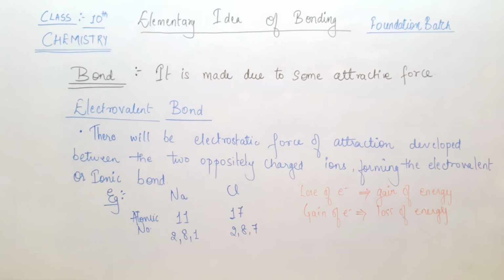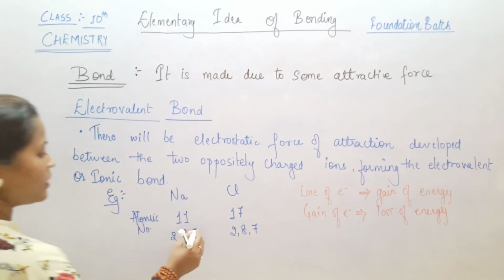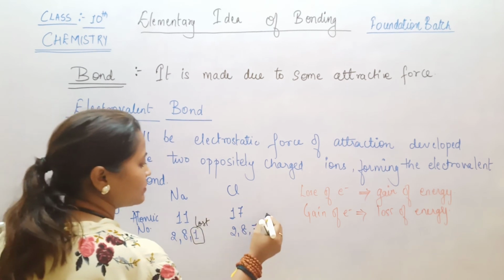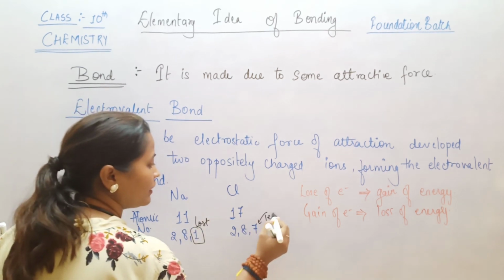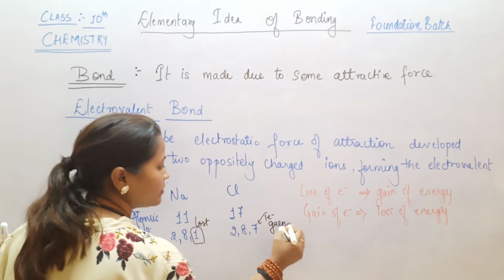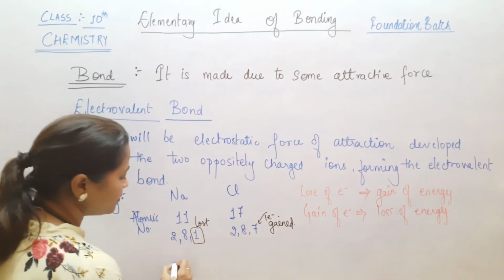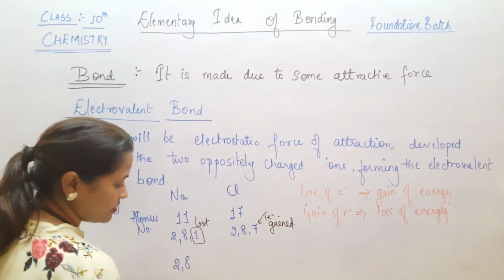ठीक है. So here you can say now this electron will be lost, whereas here one electron will be gained. ठीक है. So in this way the configuration here will become 2,8. ठीक है.